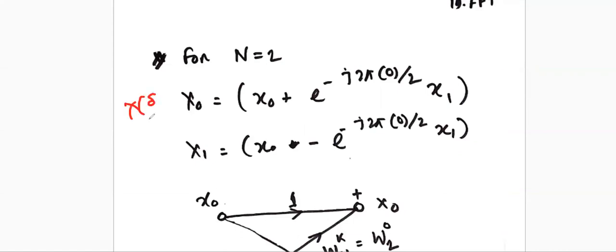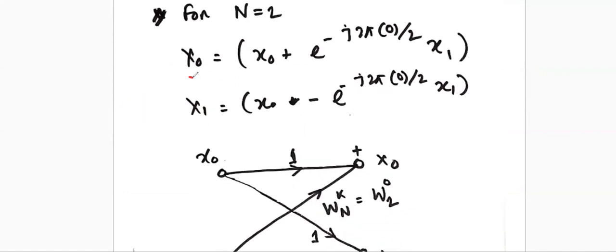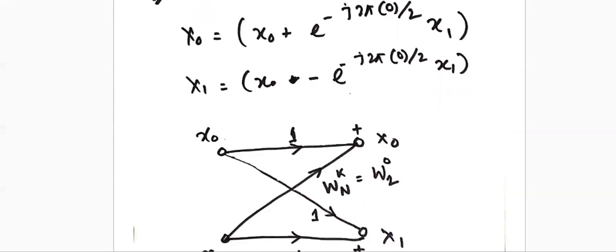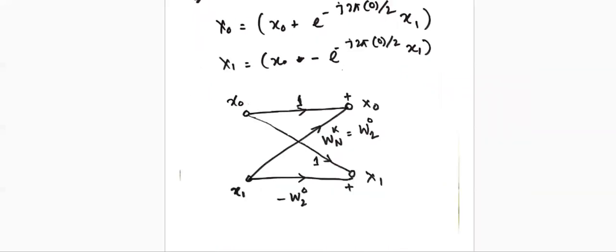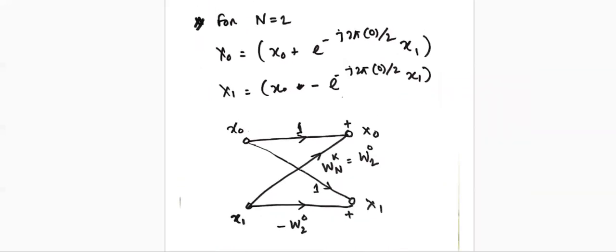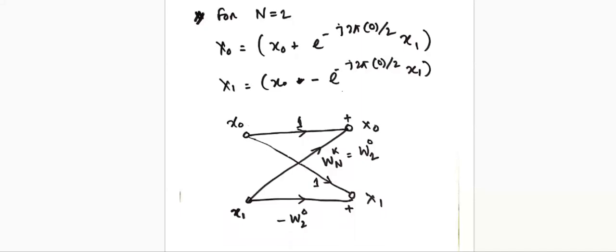We have x0 and we have x1. How can we represent it for understanding, let's say with these two equations, number 1 and 2? Just draw this diagram. Okay, maybe a little bit zoomed in.